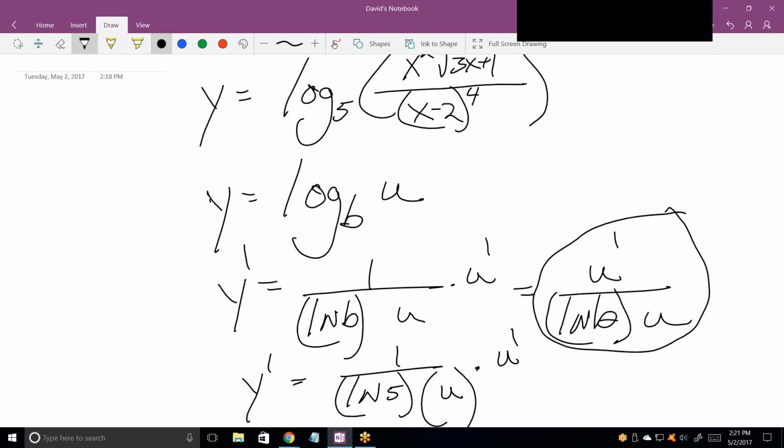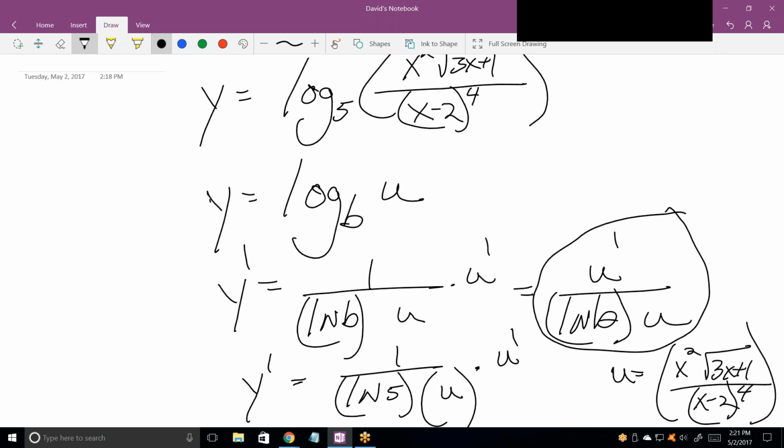And then u prime's a quotient rule. Let me spell out what u is here: x squared times that, all over x minus 2 to the 4th, correct?